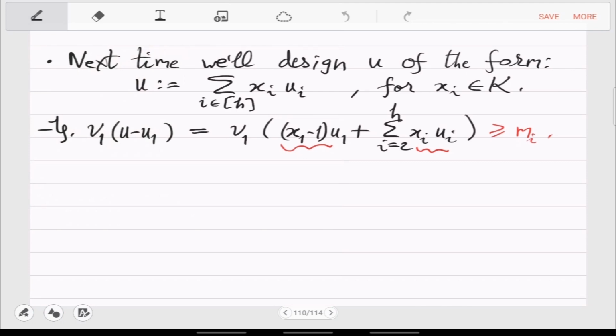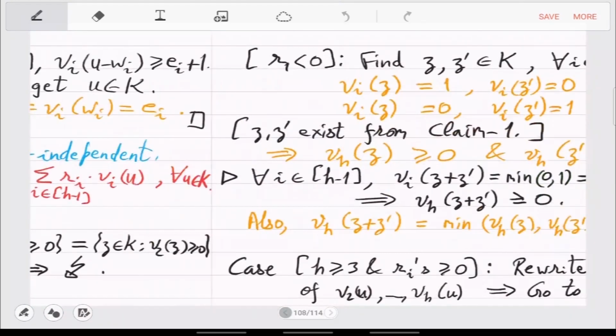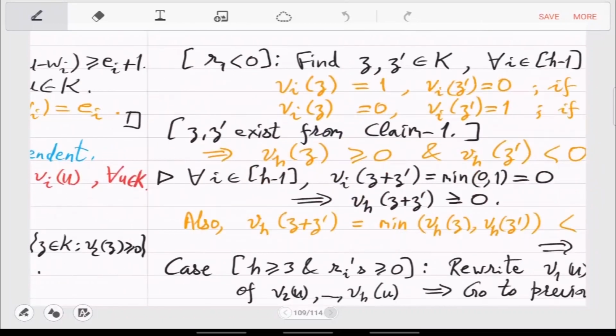So U minus the offset valuation is equal to this thing. We will basically design Xi's so that X1 minus 1 and Xi valuations are under control. So let's move in that direction. Oh, I need another claim which follows from claim 2.